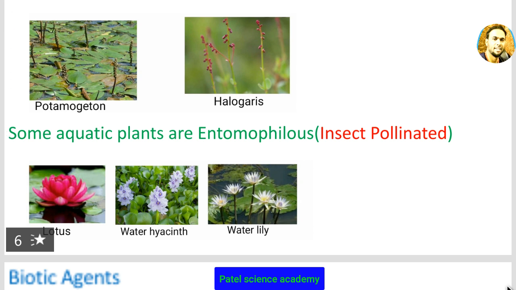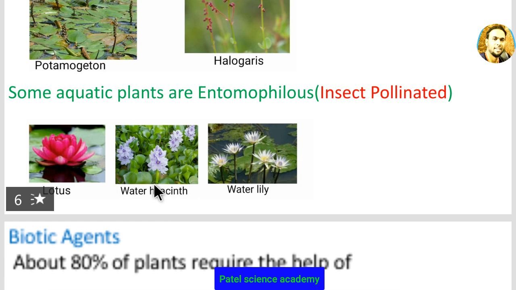There are some aquatic plants which do not go for hydrophily or even wind pollination. They go for entomophily, pollination by insects. These plants are lotus, water hyacinth, and water lily, which go for insect pollination.